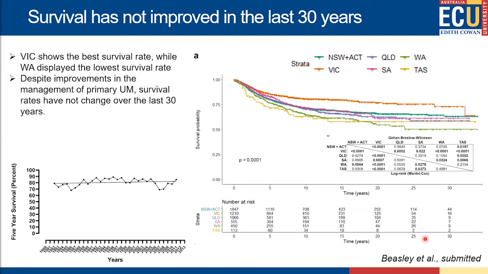When we compare the survival from uveal melanoma across different states, we notice that Victoria displays significantly better survival, with Western Australia displaying the worst survival, and possibly this is in the back of previous studies showing that the survival rate of uveal melanoma in rural Australia is worse due to less access and the distance required to travel to access early detection, treatment, and surveillance of the disease.